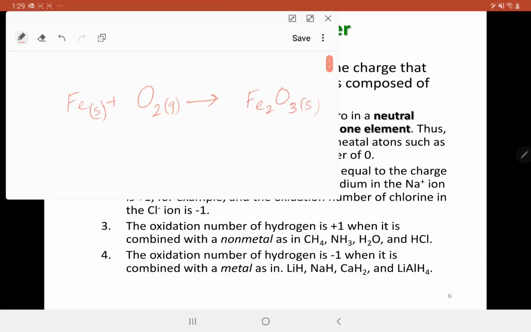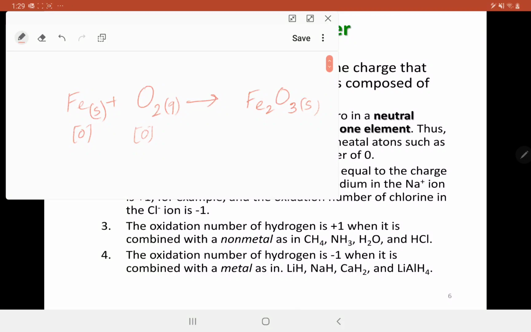In this one, iron is a neutral atom, and therefore the oxidation number of iron is 0. And for oxygen gas, it's a neutral molecule, and also this molecule only has one type of atom. So therefore the oxidation number of oxygen is going to be 0. In other words, both oxygen atoms in the O2 molecule are going to be 0.